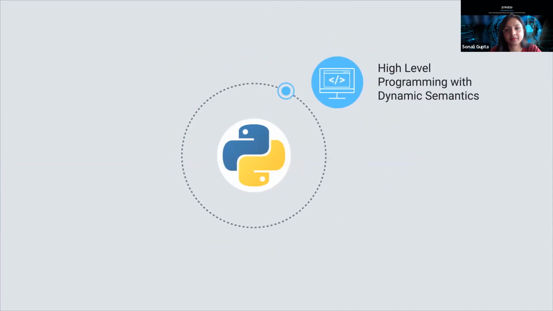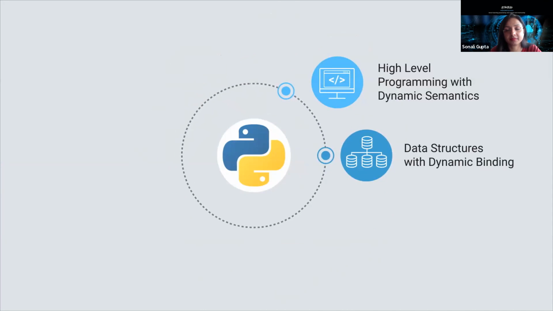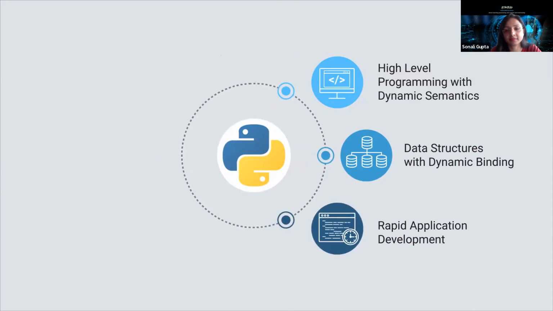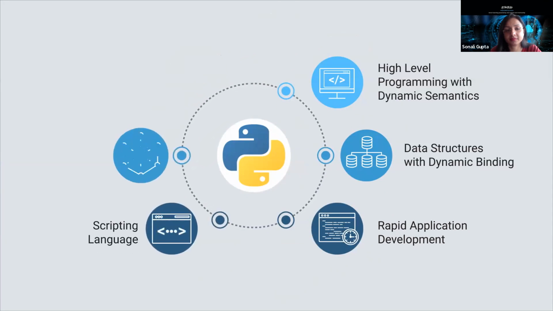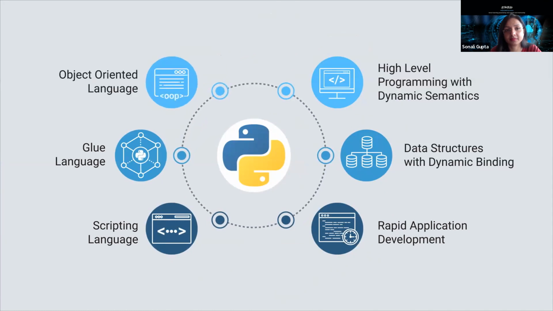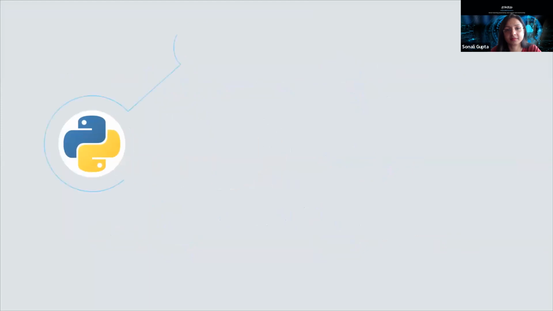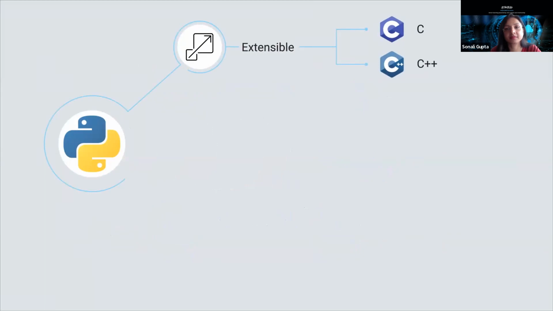High-level data structures, along with dynamic typing and dynamic binding capabilities, make it an attractive option for rapid application development. It is also as a scripting and glue language that allows developers to connect existing components quickly. You can write and compile Python code, C, C++, that makes Python extensible.